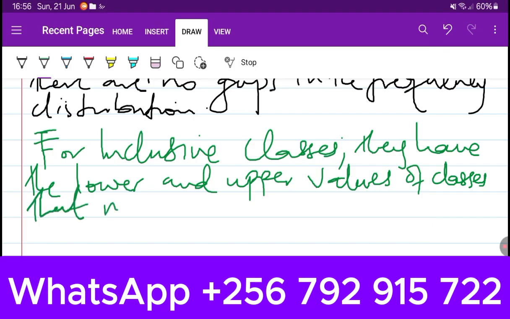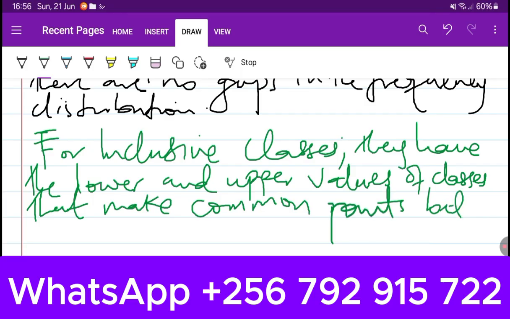The word is common, meaning they are similar points between them.